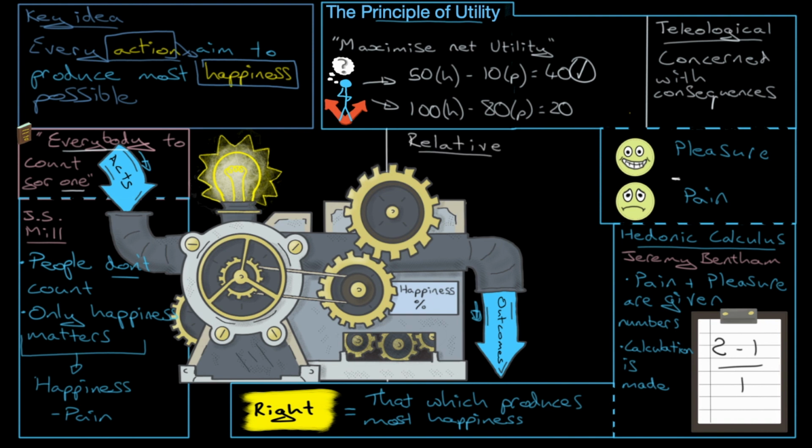Now this has a really interesting effect here, which is that utilitarianism has a relative understanding of good. What that means is that goodness, or good action anyway, changes according to circumstances.